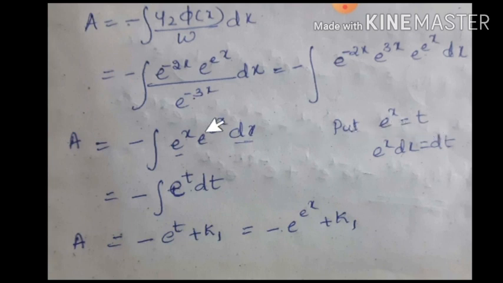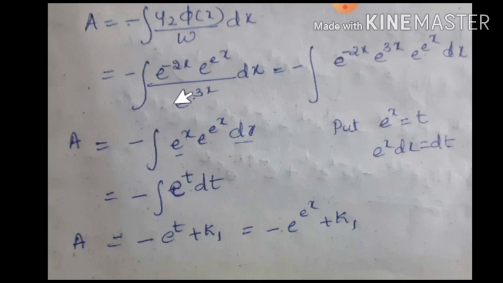So e to the power of x dx is substituted as dt, and e to the power of x as t. This is plus the integral of e to the power of t, which is e to the power of t plus the constant of integration. Make a note, I am repeating: all this becomes plus because w is minus.